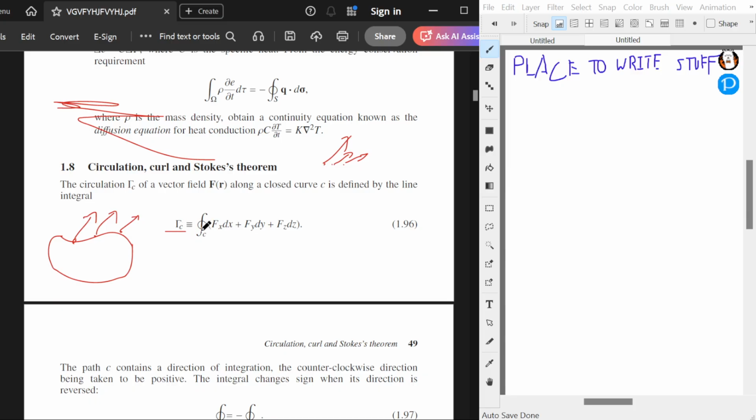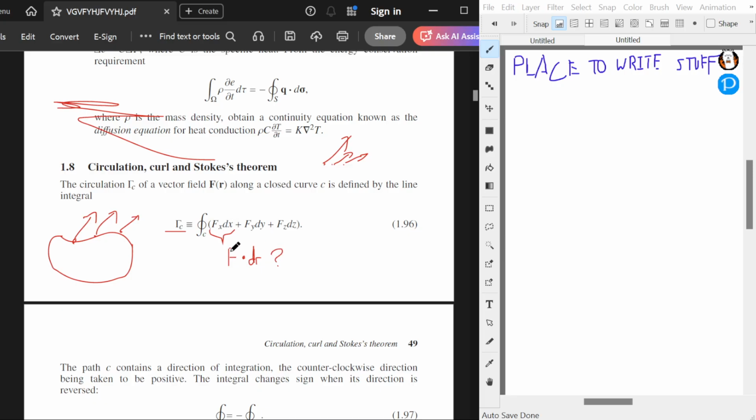Circulation is, so for every point, oh, we're integrating the... Hmm, it's basically F dot dr. Is that it?